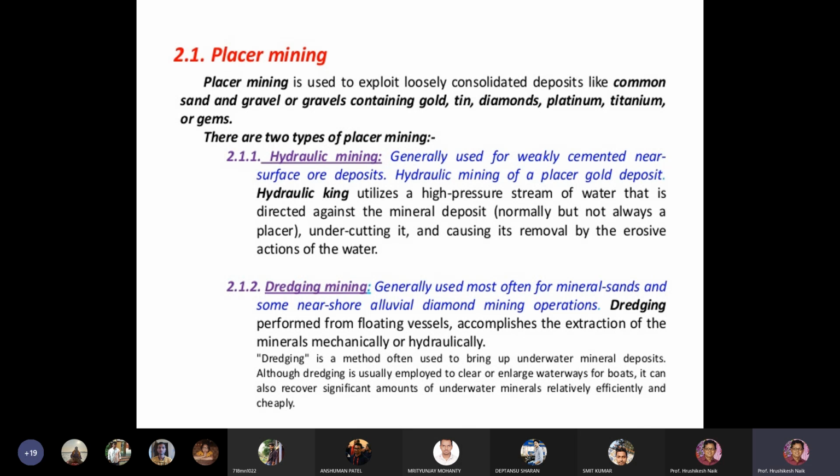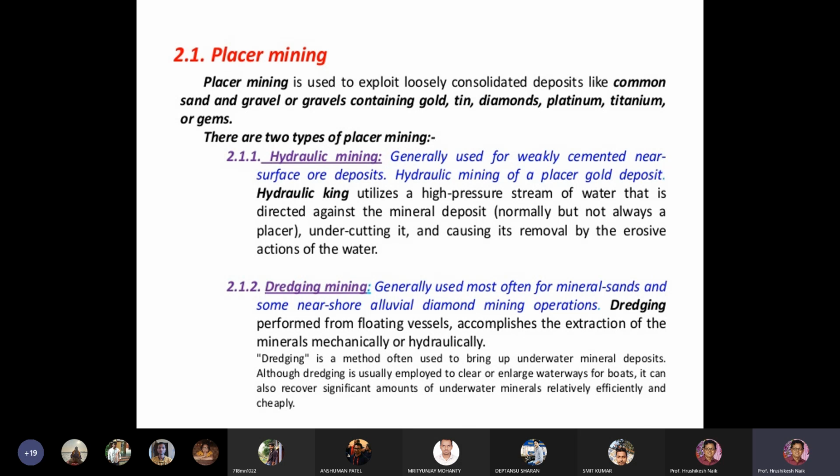Dredging is a method often used to bring up underwater mineral deposits. If the mineral deposit is below a water body, then the dredge mining method is carried out.